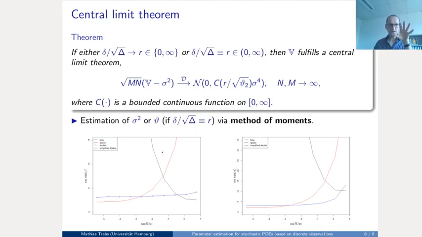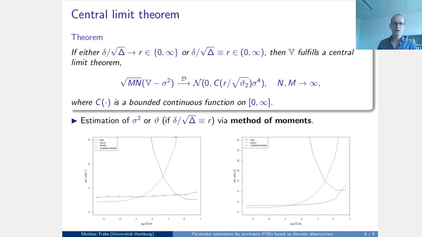And then what we see here in this picture is the robustness with respect to the sampling frequencies that we would like to have. On the x-axis you have the logarithm of square root n divided by m. So here on the right hand side the temporal resolution is dominating, and you see that this black line corresponds to an estimator for sigma squared based on only temporal increments, and this works fine here, but it does not work at all where the spatial resolution is dominating.